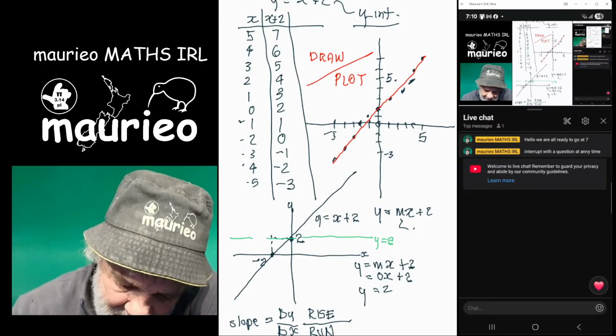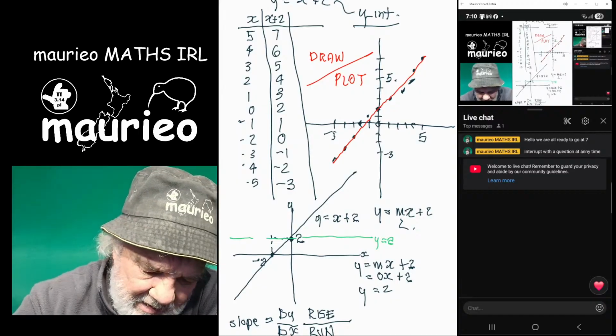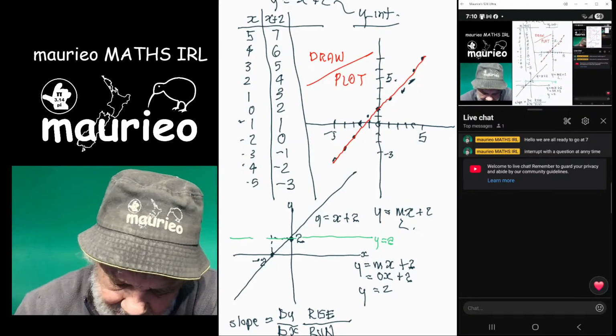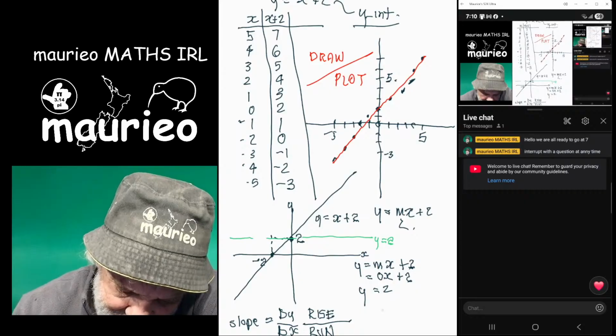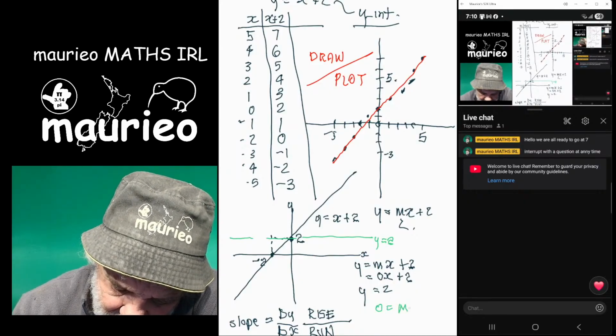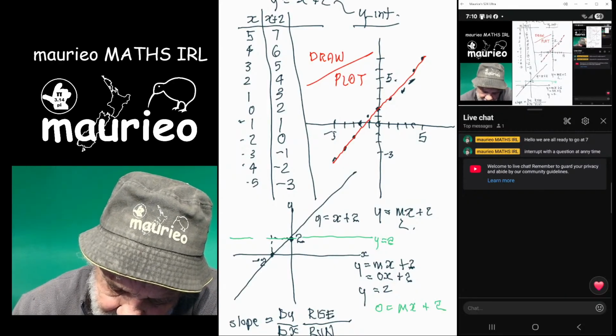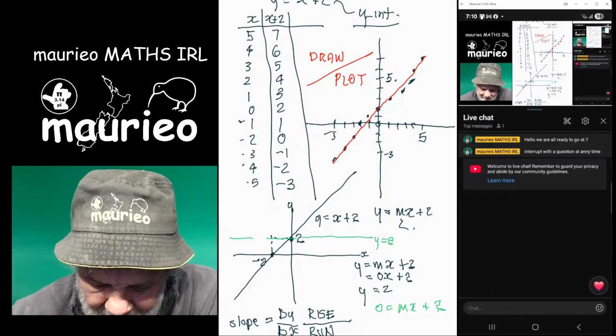So if we put y equals 0 into this formula, we get 0 equals mx plus 2.